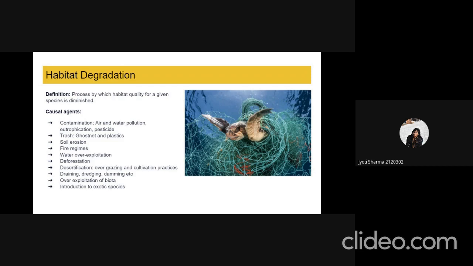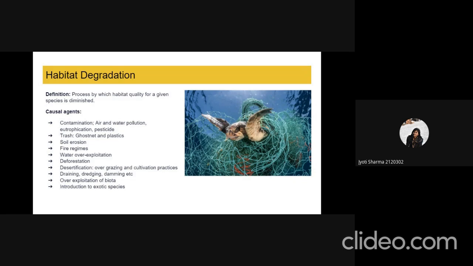Some other species can be trapped in this net, and they can't go out and go somewhere else. So the range of that species is being narrowed down, and they may need a large range to survive. So because of that, we can lose our species because of this ghost net and the plastic.